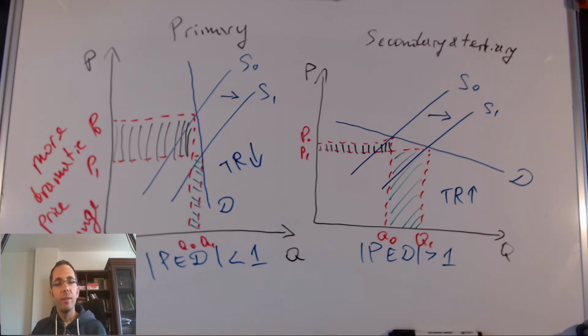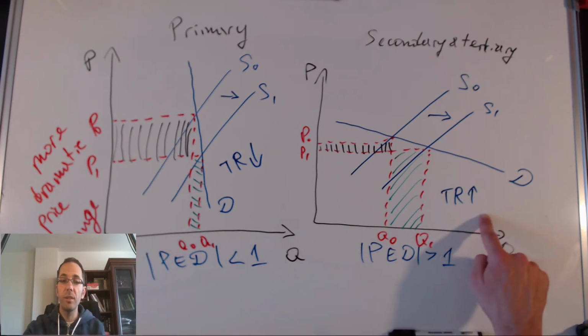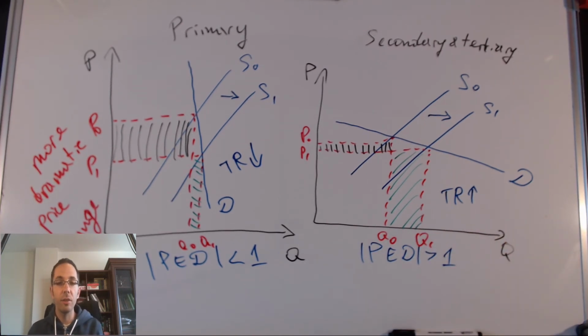Now, you may ask yourself, what if the opposite happens? What if the supply is decreasing? Well, if the supply is decreasing, clearly this one will be experiencing an increase in the total revenue, and this one will be experiencing a decrease in the total revenue.